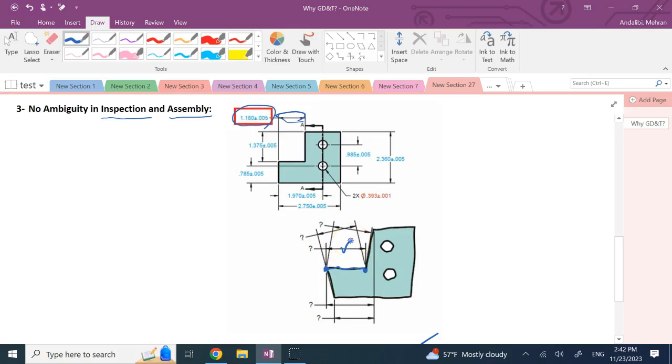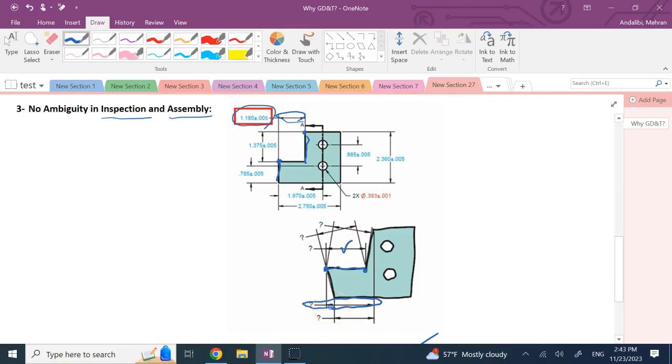Somebody might say, no, that's not really that. It's the distance from this point to here, right? It's from this edge basically to this edge, and they might go for this dimension here, right?